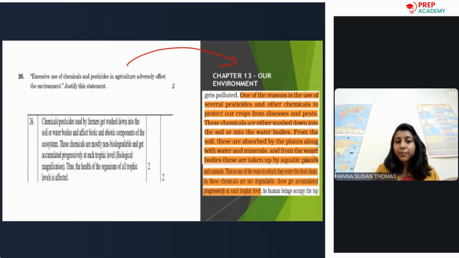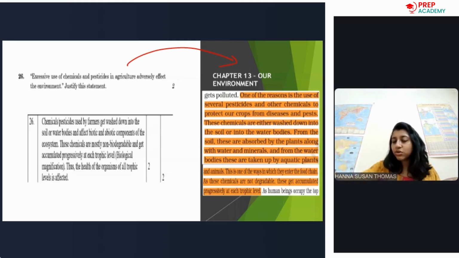So excessive use of chemicals and pesticides in agriculture adversely affects the environment. We know that mainly in agriculture, when we use excess amounts of chemicals and pesticides, it leads to soil and water pollution, right? These chemicals are either washed down into the soil or into the water bodies.